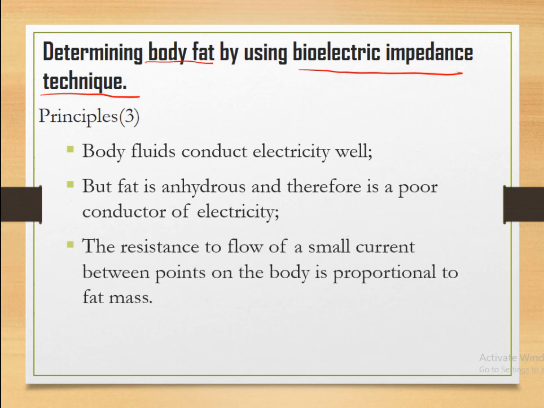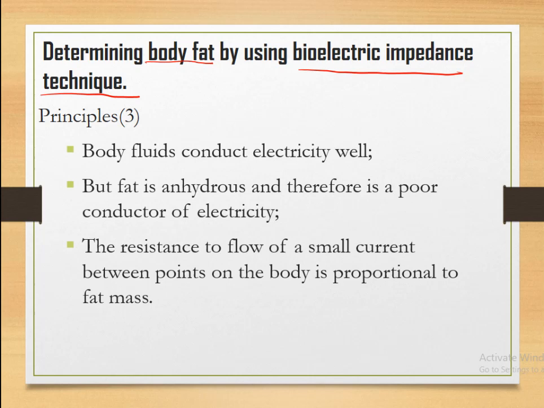Then, the resistance to flow of a small current between points on the body is proportional to fat mass. So these are the three important principles that we are supposed to know when we are determining the body fat.